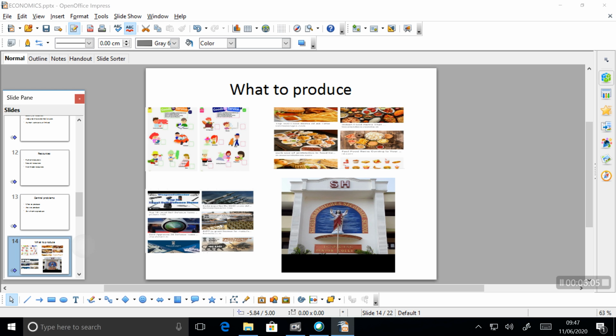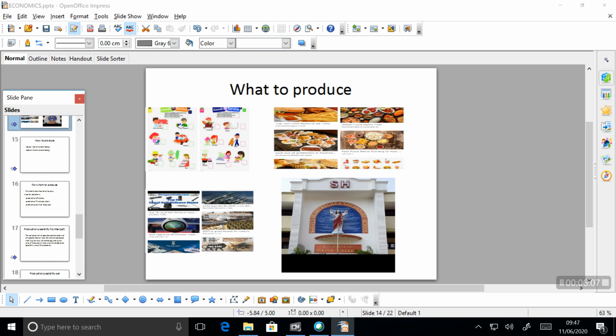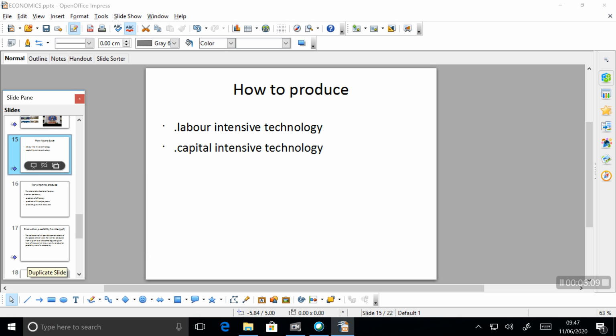Then what is the second one? The second question is related to how to produce. It means which type of technology our economy adopts. Generally two types of technologies are there: labor intensive technology and capital intensive technology. Labor intensive technology means more labor and less capital is used to produce a good, while capital intensive technology means more capital and less labor is used.